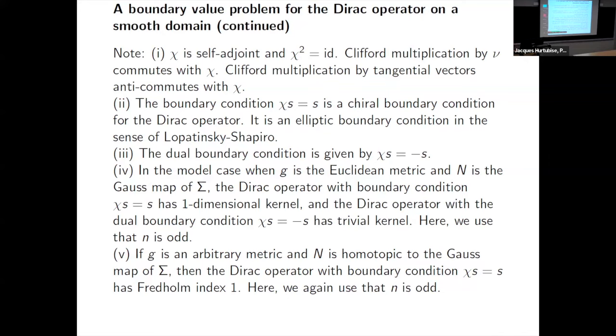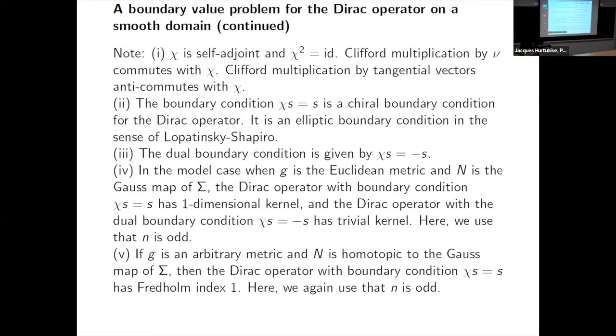Right, and so if you look at the special case when G is Euclidean and the map N is the Gauss map of the hypersurface sigma, then if you take the plus sign in the boundary condition, that would have a one-dimensional kernel, and the kernel would consist of parallel spinors. If you take the dual boundary condition, then the kernel would be trivial.